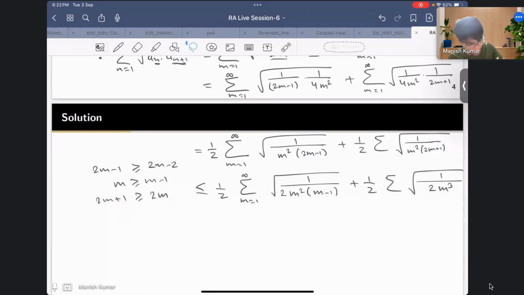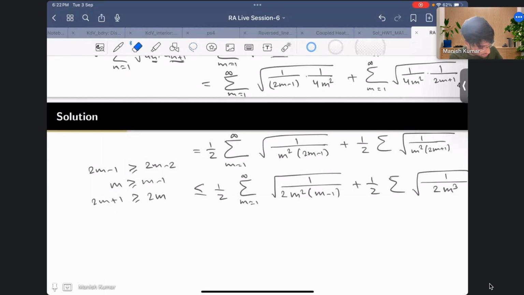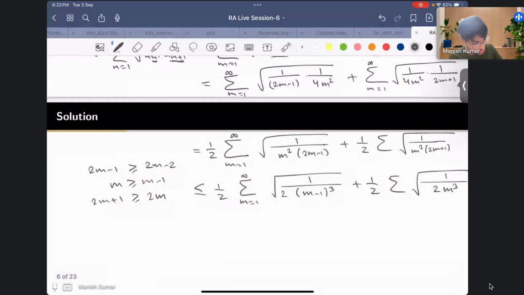I have replaced m by m minus 1 and 2m minus 1 by 2m minus 2. So these are the bounds that I have used. These two are used in the first term, and this one is used in the second term.